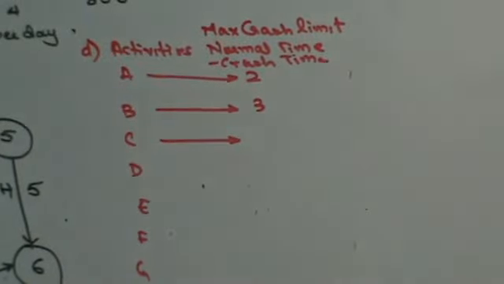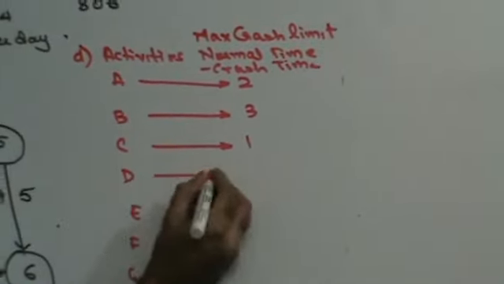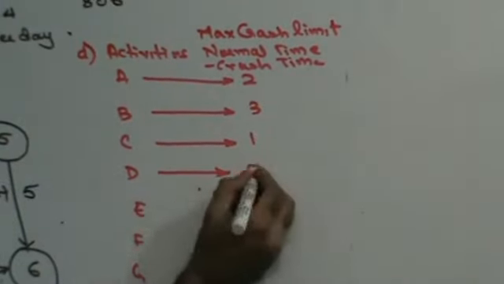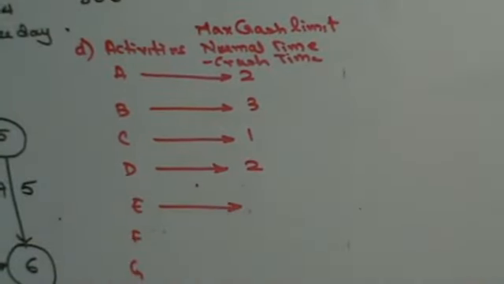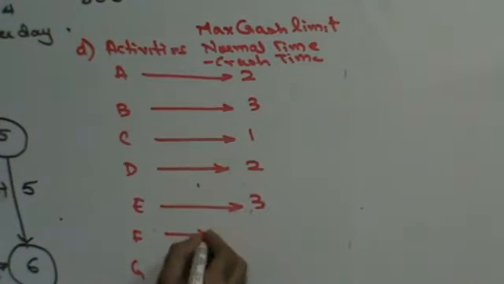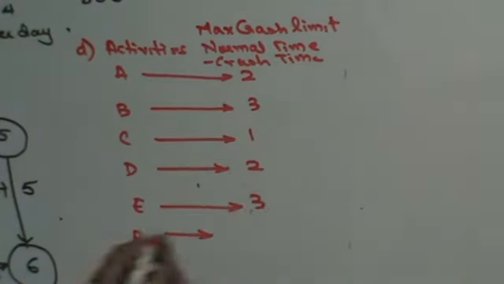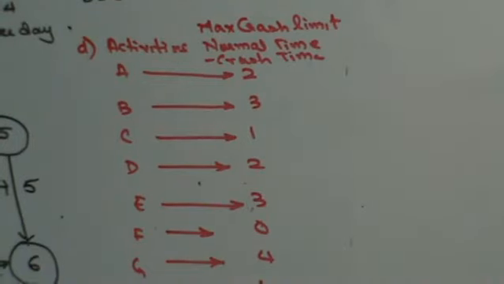For activity C, 5 minus 4, 1 day. For activity D, 6 minus 4, 2 days. For activity E, 8 minus 5, 3 days. For activity F, 0 minus 0, that's 0. Then for activity G, it is 12 minus 8, 4 days. And for activity H, it is 5 minus 4, 1 day. Right? So crash time will always be less than the normal time.